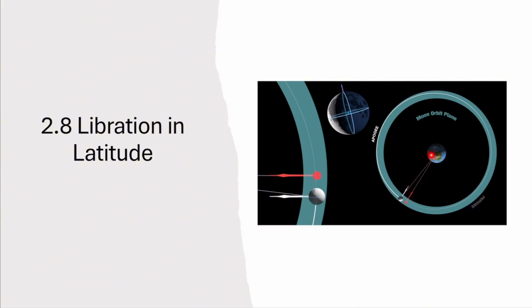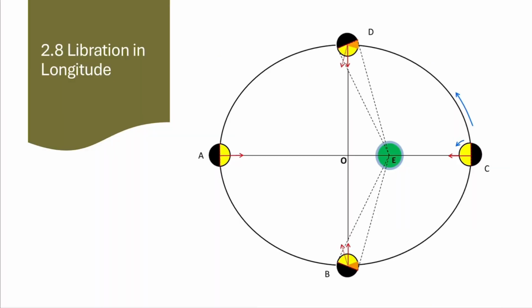So say you're there on the Earth's surface, you'll be able to see more of the polar regions of the moon than if you were there.